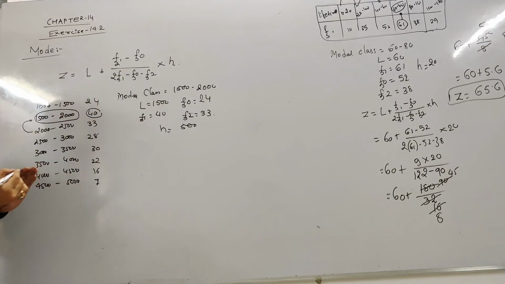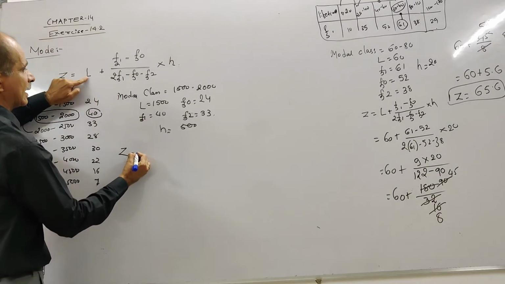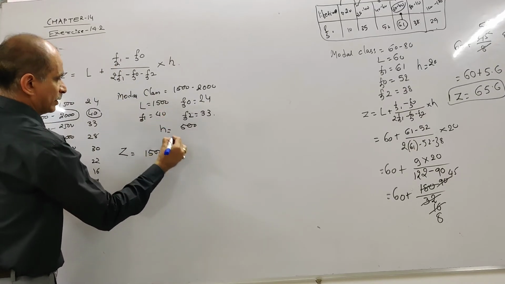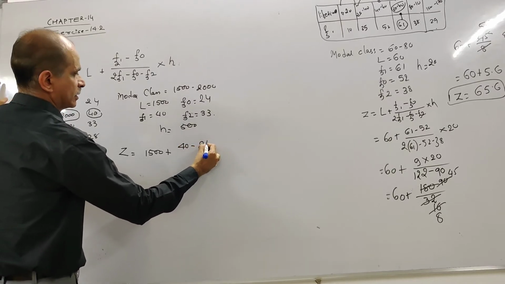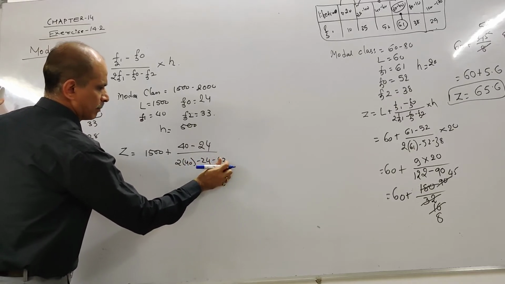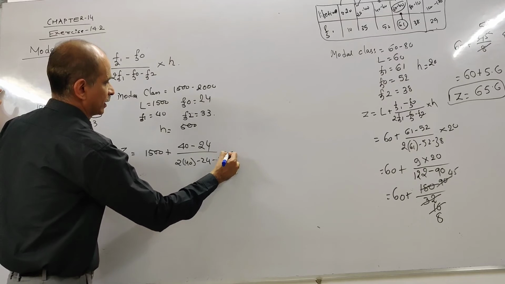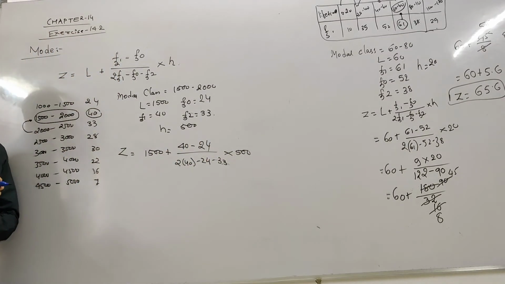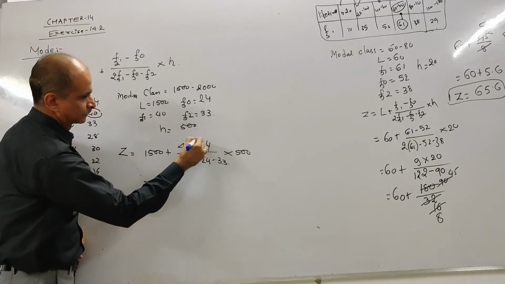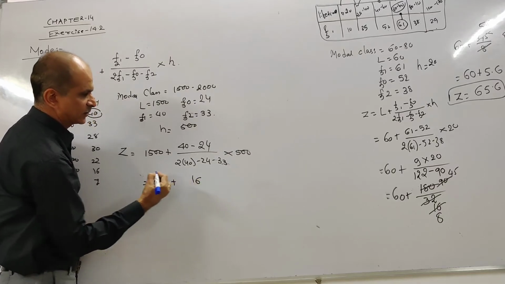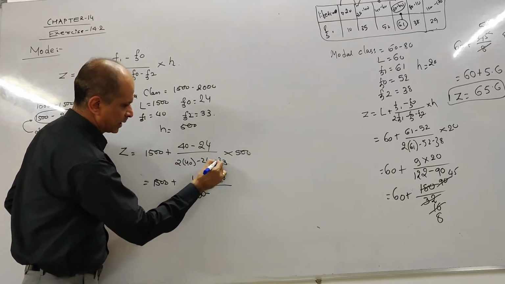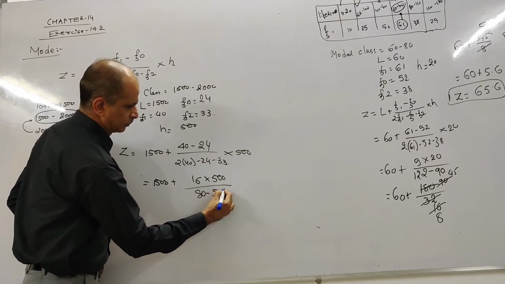Now put the values in the formula. Z is equal to L, L means 1500 plus F1, F1 means 40 minus 24 upon 2 into 40 minus 24 minus F2 means 33 into 500 is your class length, that is H. Well, so 1500 plus 40 minus 24 means 16 into 500 upon 80 minus 57.